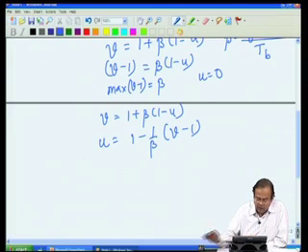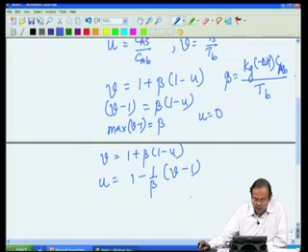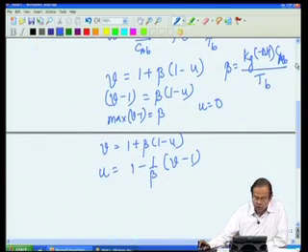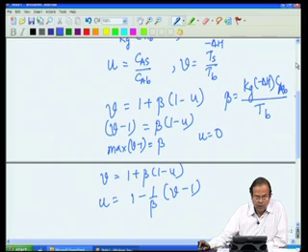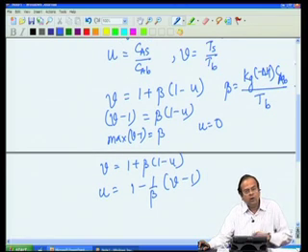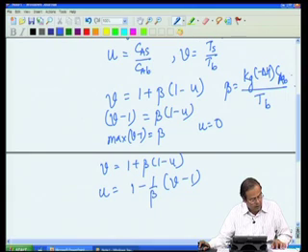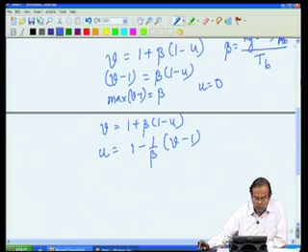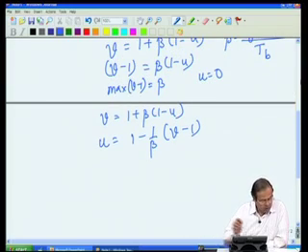So, let us go back to our energy balance, which we had over here. But now we write it in terms of dimensionless quantities U and V, and in particular writing U in terms of V, then we get the following. Let's try to work it out and see how we get that.